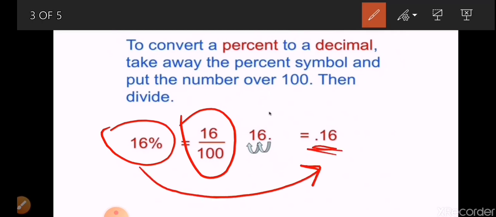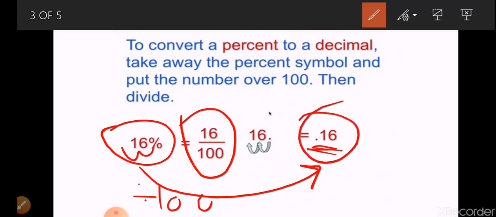Do you remember when I told you if you have any percent and you want to change it to another form, you should divide by 100? So it means move the decimal 2 places to the left, it will give you also 0.16. The opposite, you should multiply by 100. So from the percent to the decimal, divide by 100. From the decimal to the percent, multiply by 100.